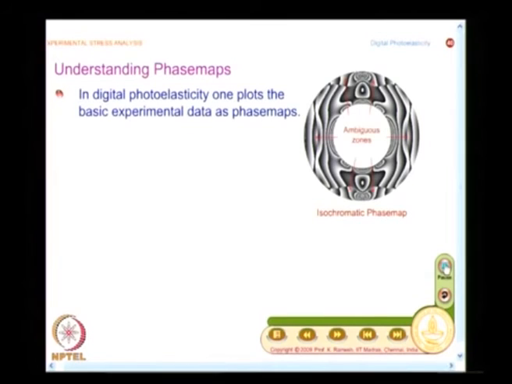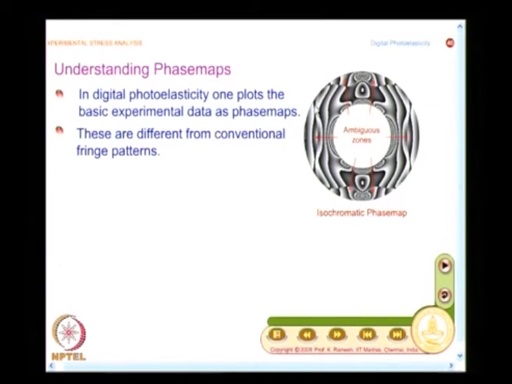You have what are known as phase maps, which is what is plotted in digital photoelasticity, and these are different from conventional fringe patterns. We have spent quite some time looking at the fringe pattern of a ring under diametral compression. This is not a fringe pattern but a phase map. What you see here is black, white, and then white goes to black, and again from white it goes to black.